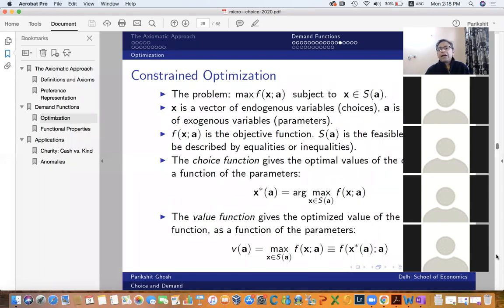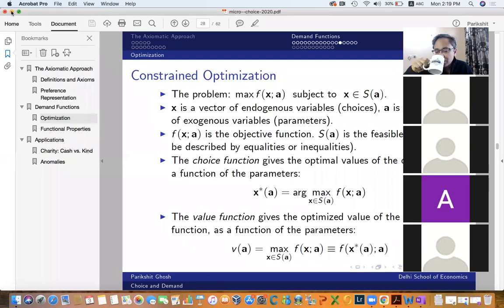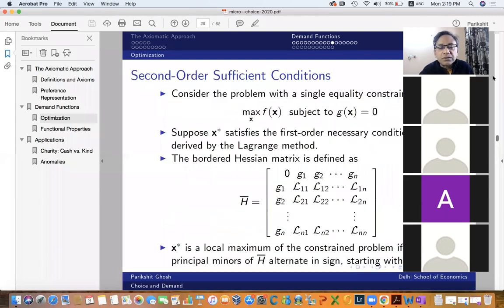Now, before I get to this, sir? Yes. You said that the principal minor should begin with negative, but it's written positive in the slide. I'm sorry, maybe I misspoke. Did I say negative?